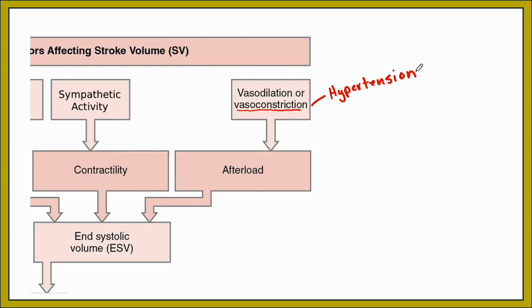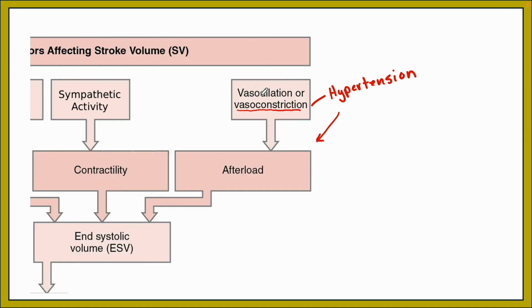You're not going to have a large change in the vasoconstriction of the aorta. So that's not going to be something that it affects, but afterload can be significantly affected by hypertension. So that can lead to large changes in the end systolic volume because it's reducing the pressure that it has to fight.